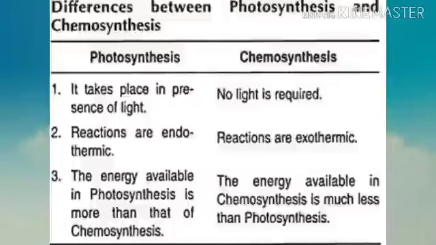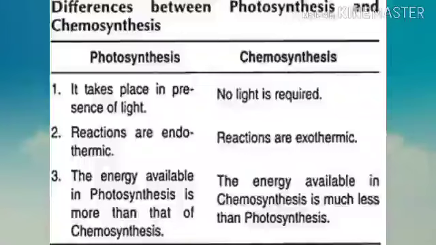So the difference between photosynthesis and chemosynthesis is that photosynthesis takes place in the presence of light, but chemosynthesis, as I already said, does not require light. Reactions of photosynthesis are endothermic, while those of chemosynthesis are exothermic. The energy available in photosynthesis is more than that of chemosynthesis.